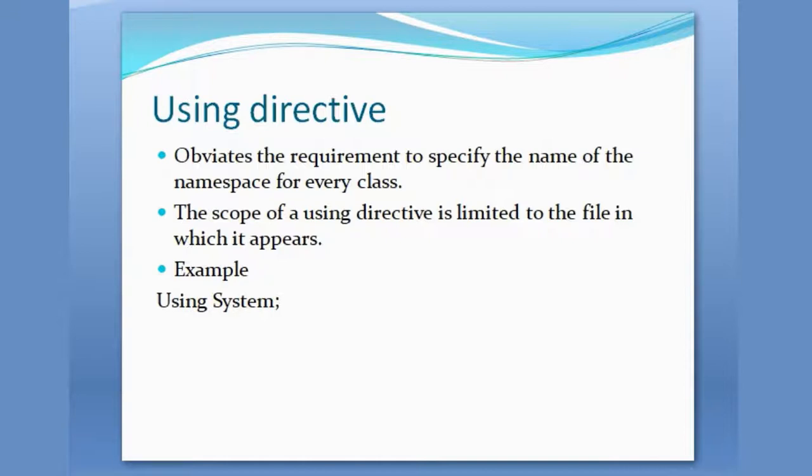Lastly, we will see the using directives which we use in our code. Using System before the class means we don't need to specify the System namespace for accessing any class of this namespace. Let's see, using System.